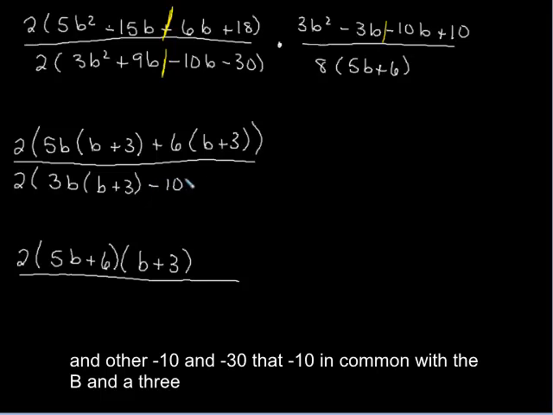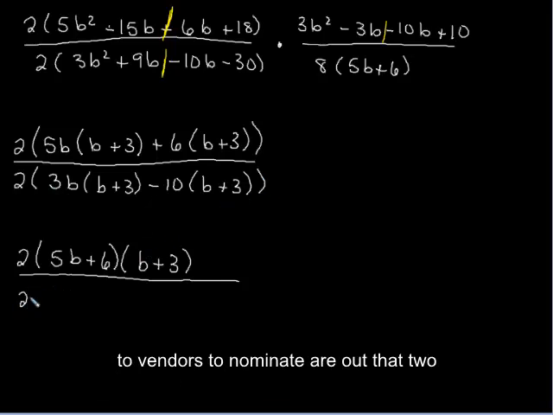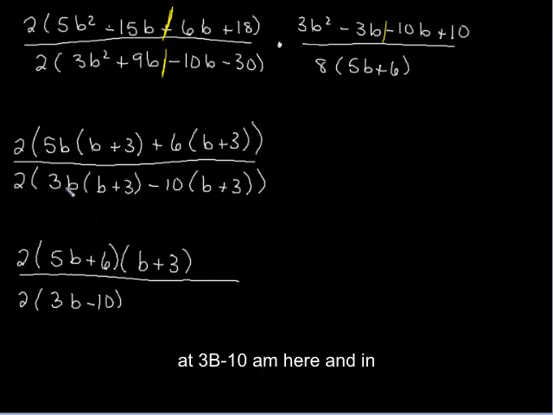That has a negative 10 in common with a b and a 3. So from this denominator, I have that 2. I have a 3b minus 10 from here and here, and a b plus 3.